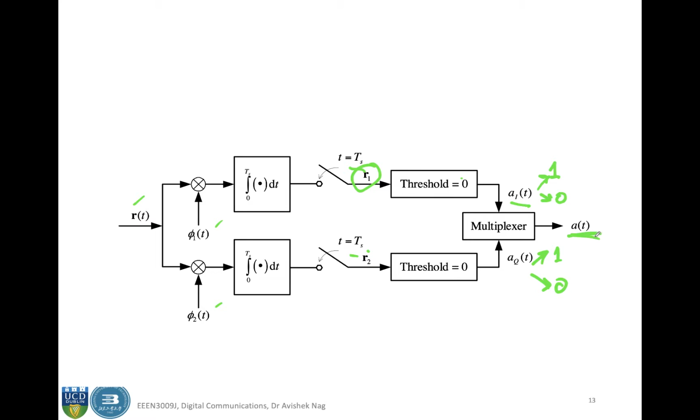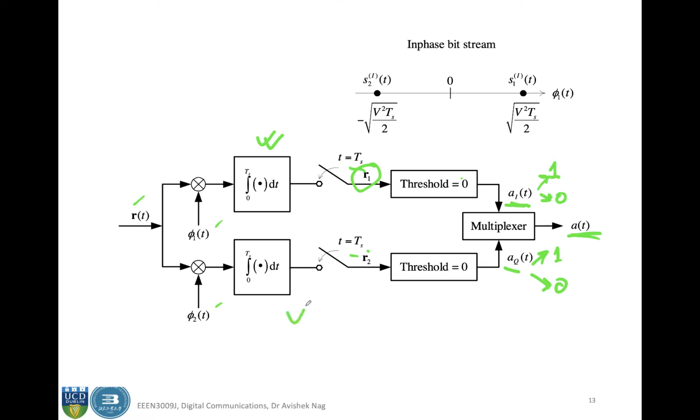Okay, so you can consider the in phase bit stream. So AIT is the in phase bit stream. Okay, and you are recovering in phase bit stream from the upper arm of this receiver, and you are recovering the quadrature phase from the lower arm of this receiver.